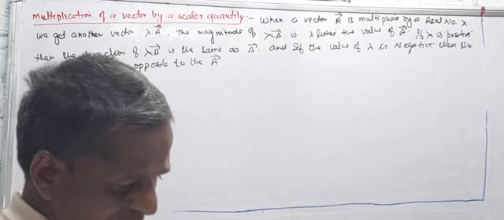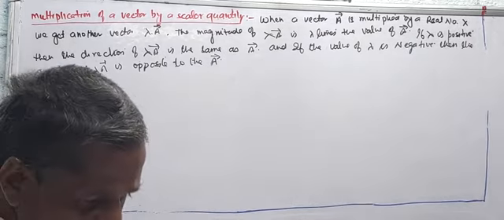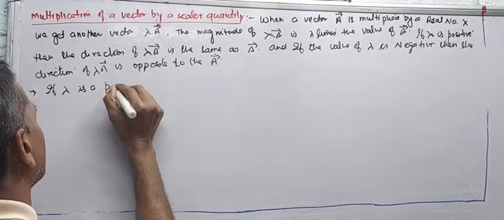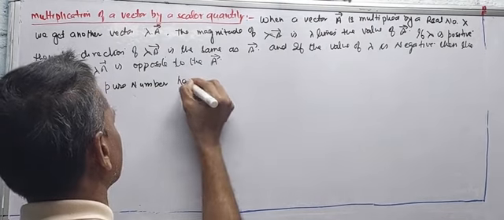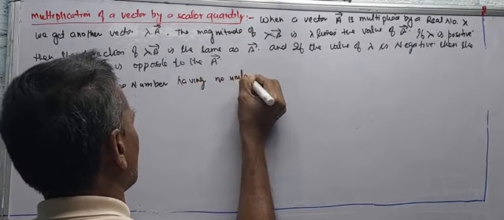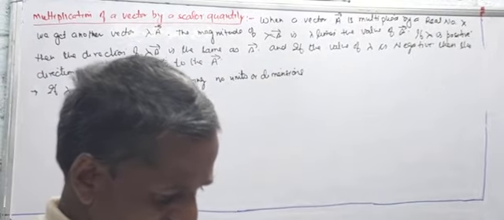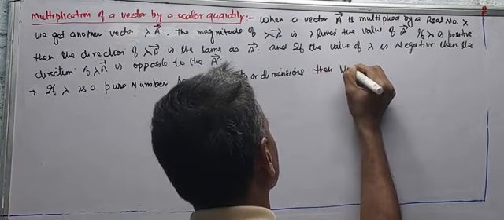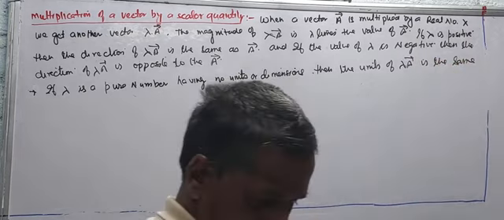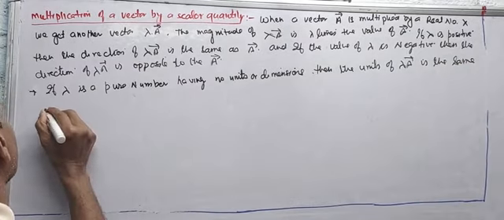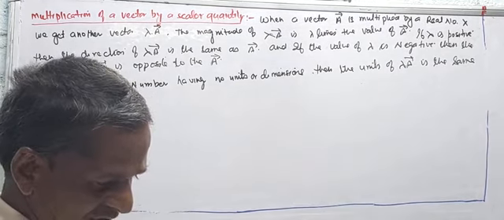If lambda is a pure number having no units or dimensions, then the units of lambda a vector is the same as that of a vector which has certain units.